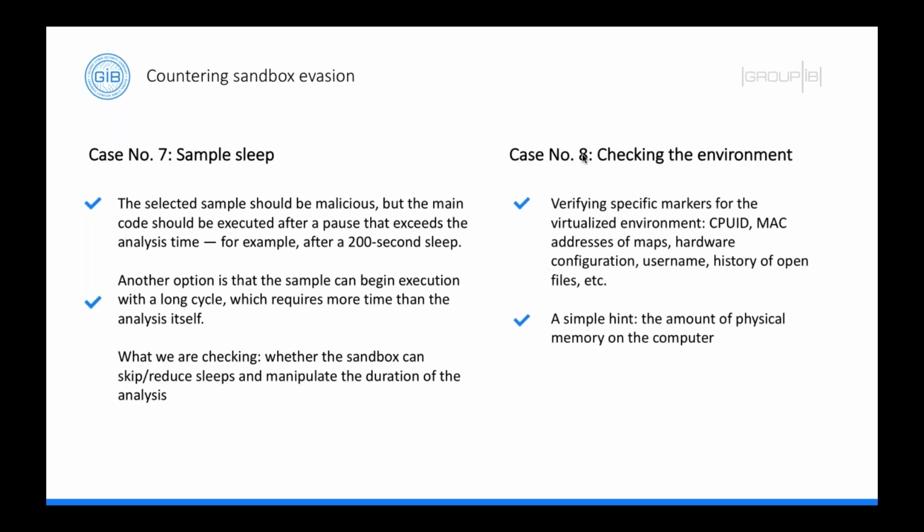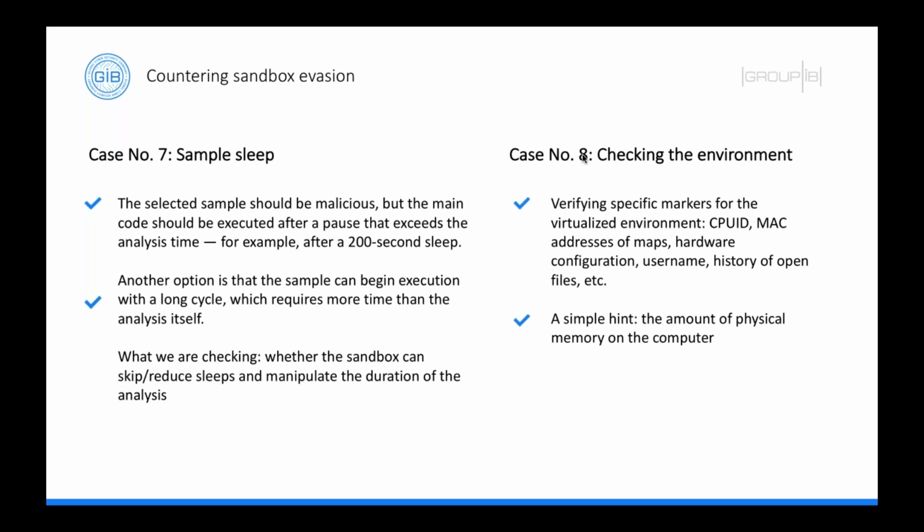Another very huge family of techniques that are used to bypass sandboxes are all based on checking the environment, because the guest machines, the virtual machines that are used to analyze files in sandboxes, are virtual machines, and there are lots of different indicators that could be detected by the malware.